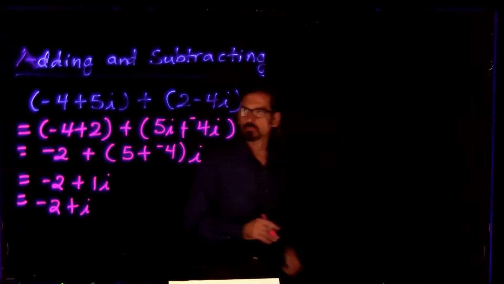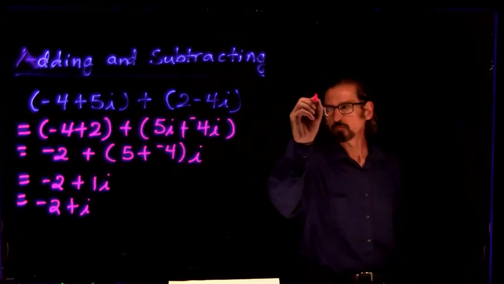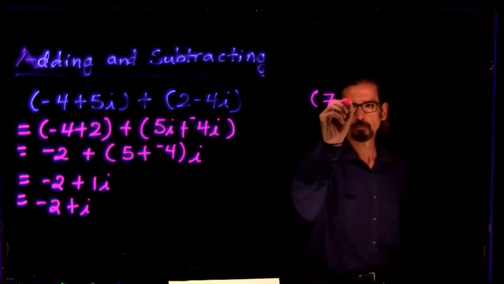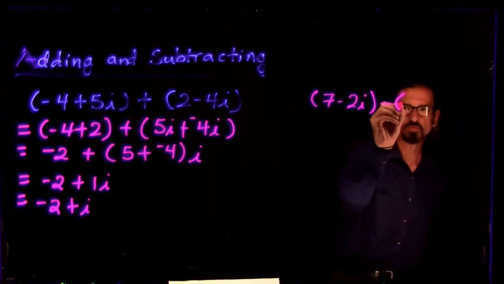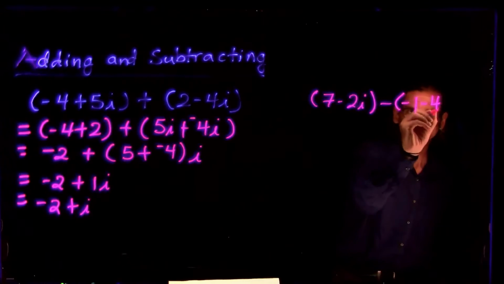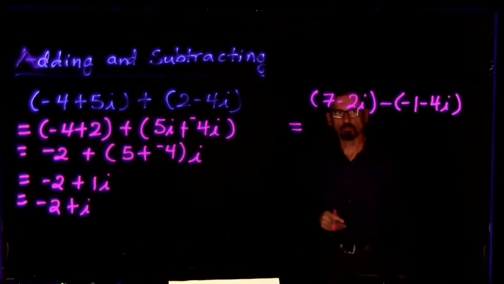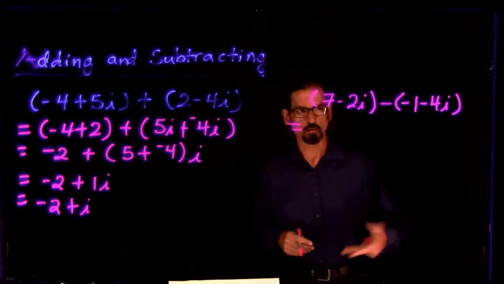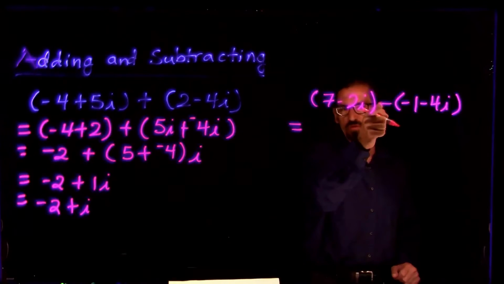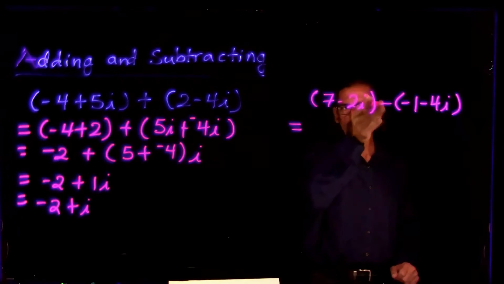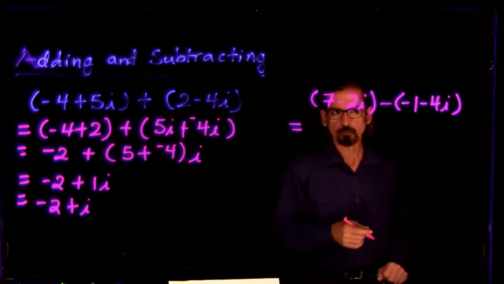As for subtraction, say we have to subtract 7 minus 2i minus -1 minus 4i. You think of distributing the subtraction. Really, that subtraction would be the same as 7 minus 2i plus -1 times the quantity -1 minus 4i.